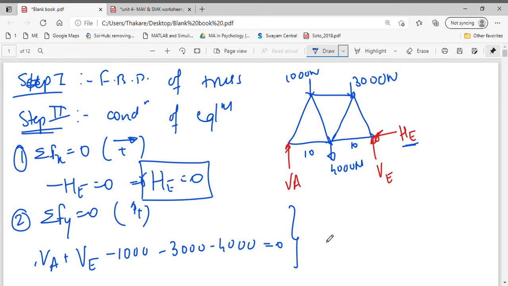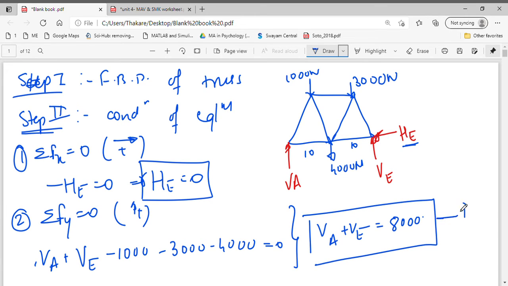So from this we get VA plus VE equals 8000. Let this be your equation 1.